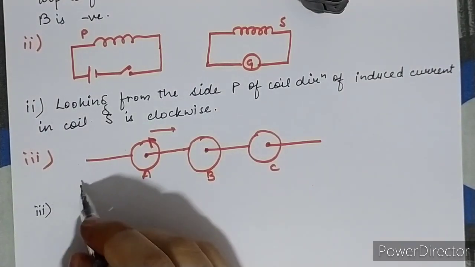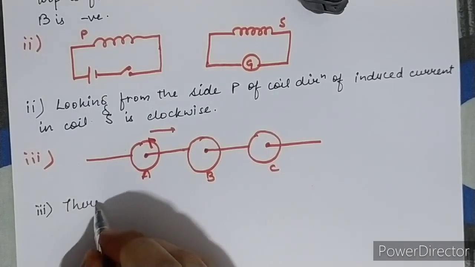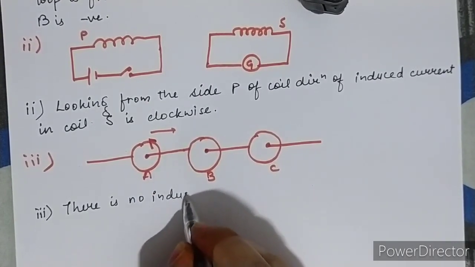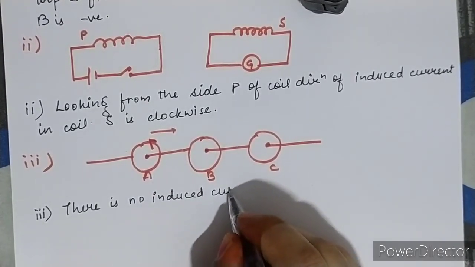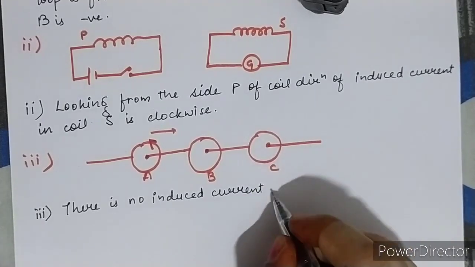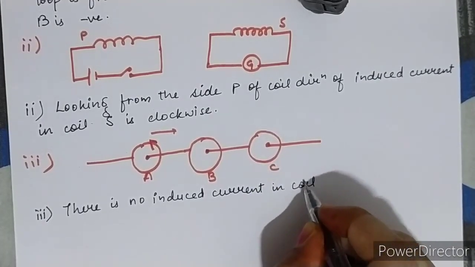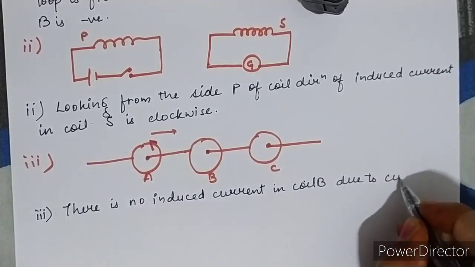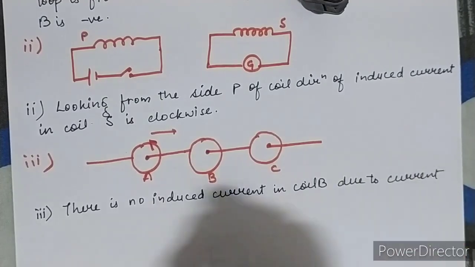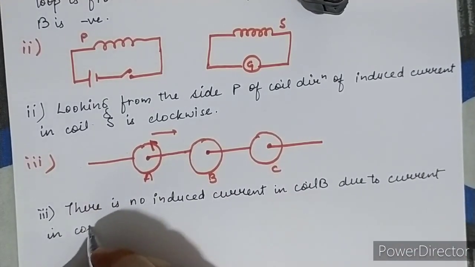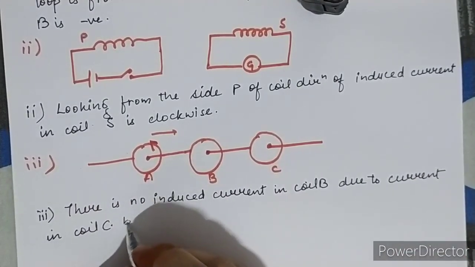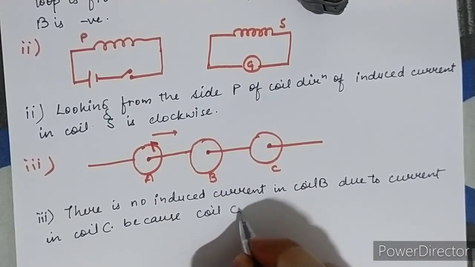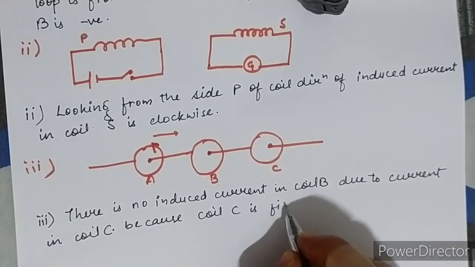So the solution is: there is no induced current in coil B due to current in coil C, because coil C is fixed.